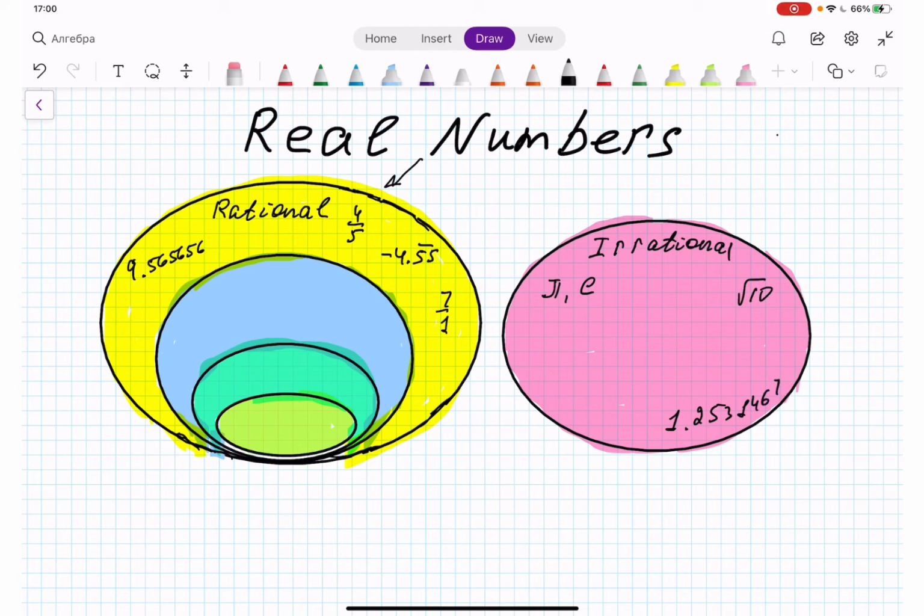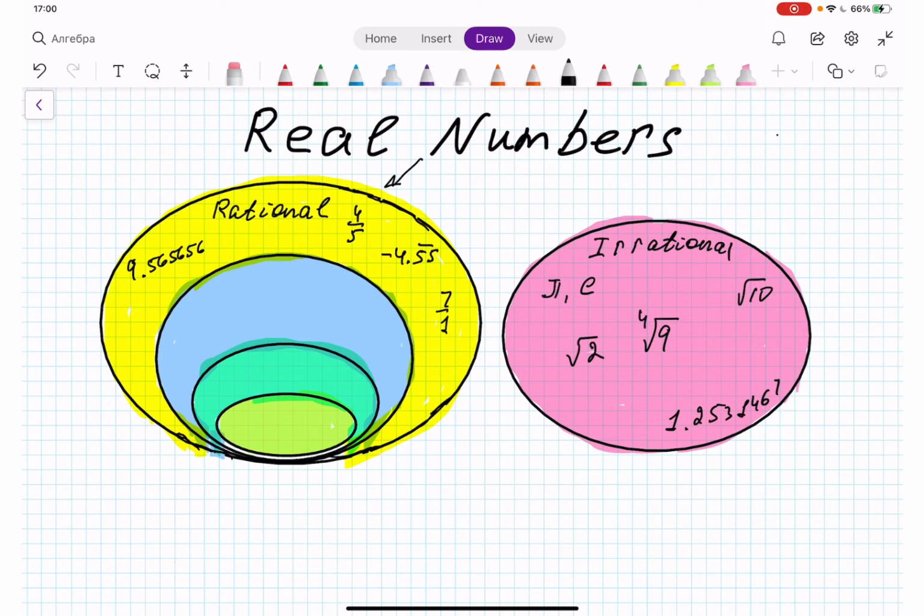They can go on endlessly if they are not repeating. These numbers we call irrational. Square root of 2, those are irrational numbers.